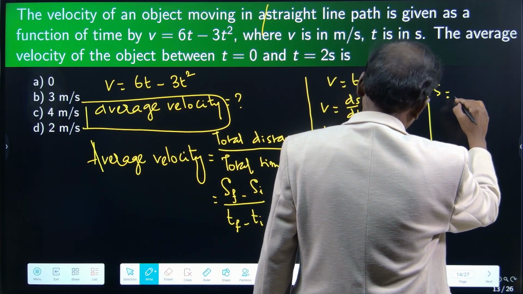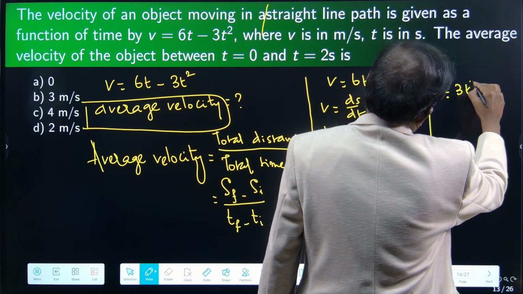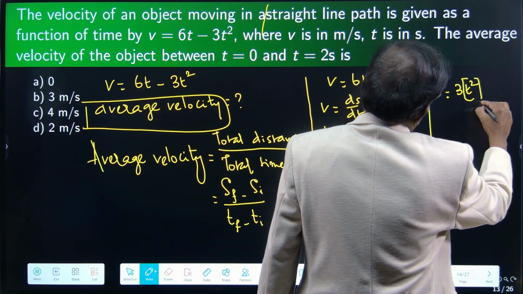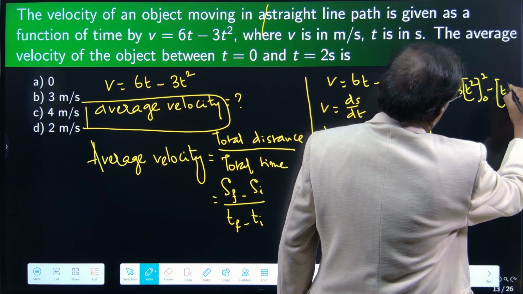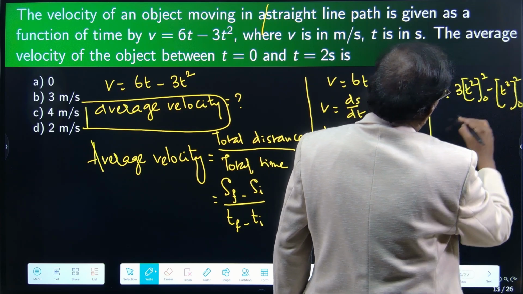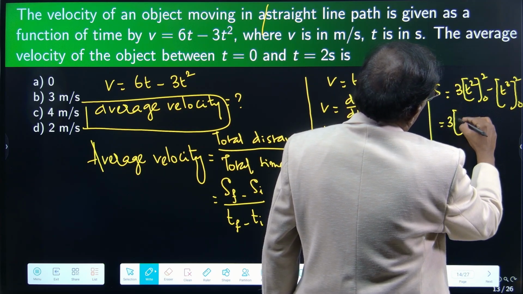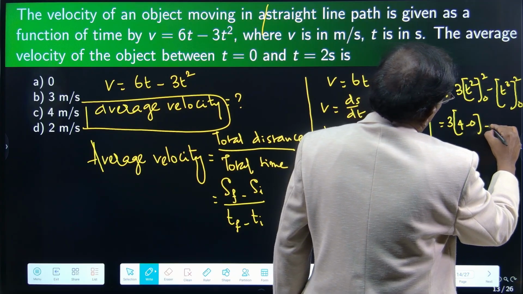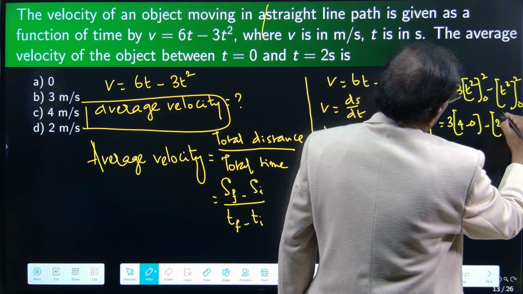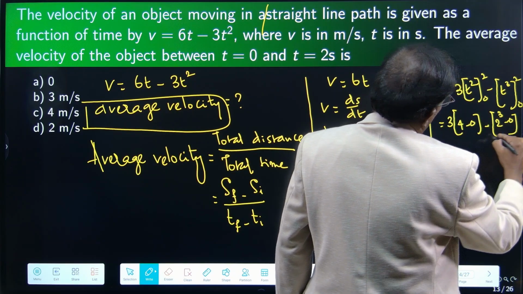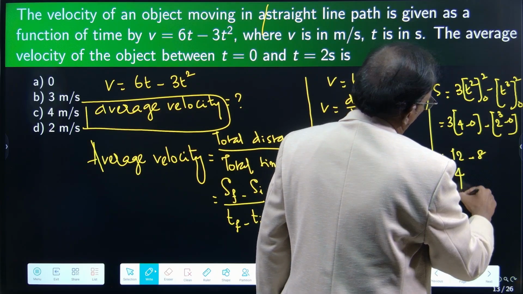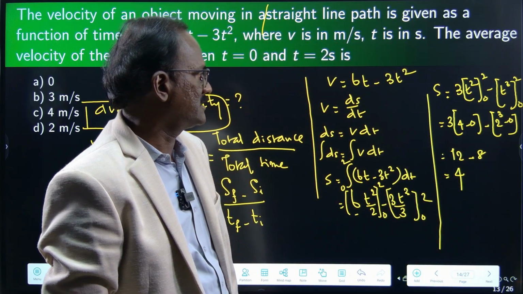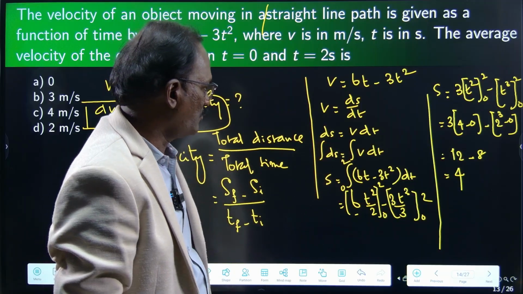So s = 3t² from 0 to 2, minus t³ from 0 to 2. That is 3 into 4 minus 0, minus 2 cube minus 0. This is 12 minus 8, which is 4. So the distance covered in 2 seconds is 4.